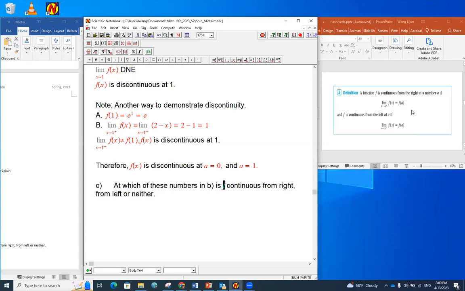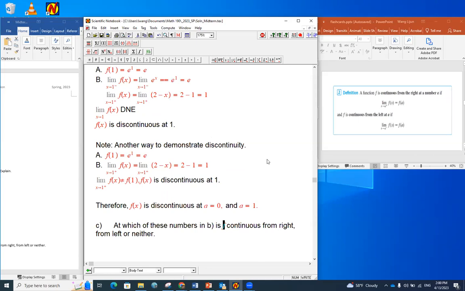So this would require us to follow this definition. We actually could see it from the work we did. We just have to put the definition really. 0 and 1 are the 2 points we have identified.